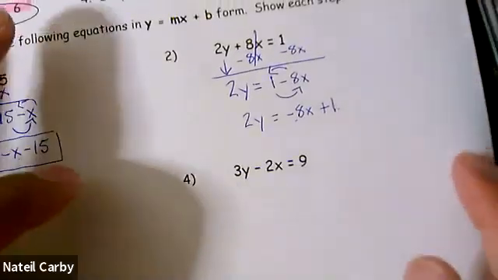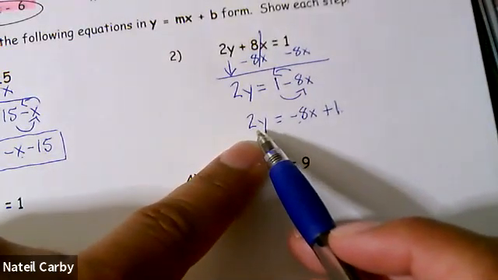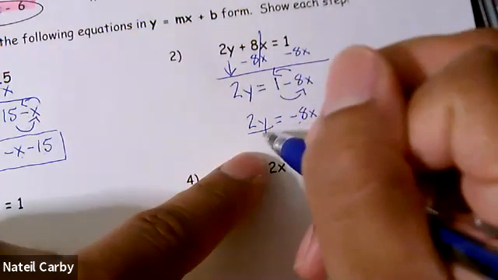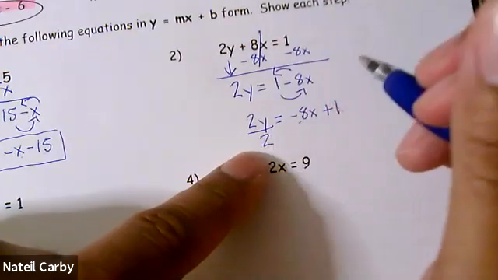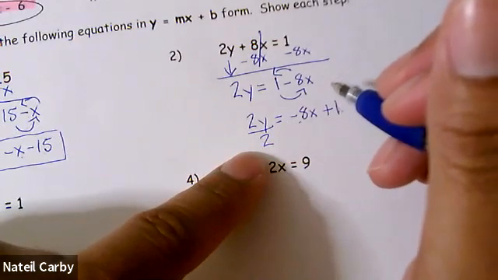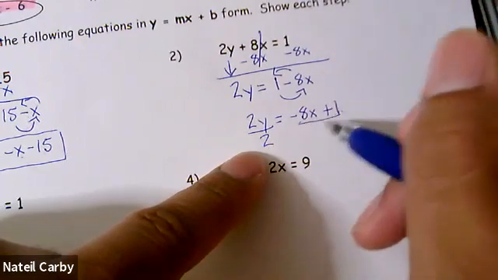All right. Right now I got 2y. I don't want 2y, I want 1y. So I have to divide by 2. Okay. Gotta divide by 2.